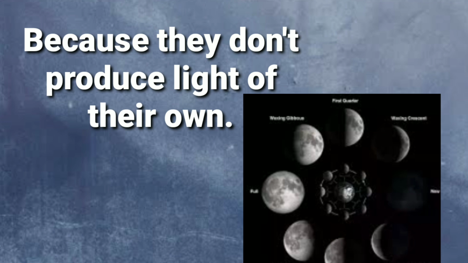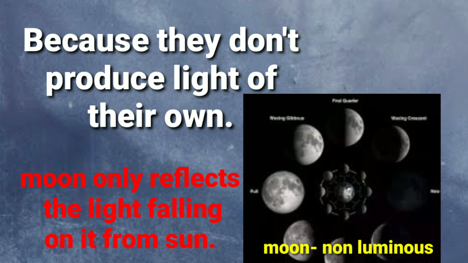Instead, they reflect light from the sun. Sometimes you can get confused that the moon appears a luminous object, but actually the moon is not luminous. It reflects the light which is coming from the sun. Moon does not have its own light. Therefore, planets and moon are considered non-luminous bodies.